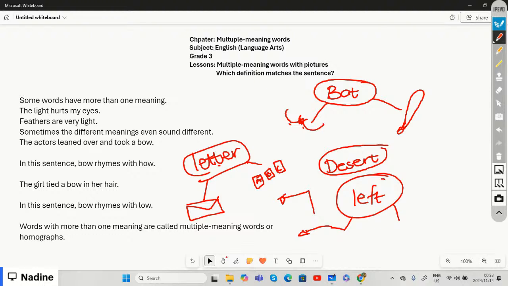All right. And then another one, ring. Then we have the word ring. What do you think are the meanings of the word ring? What ring do you know of?